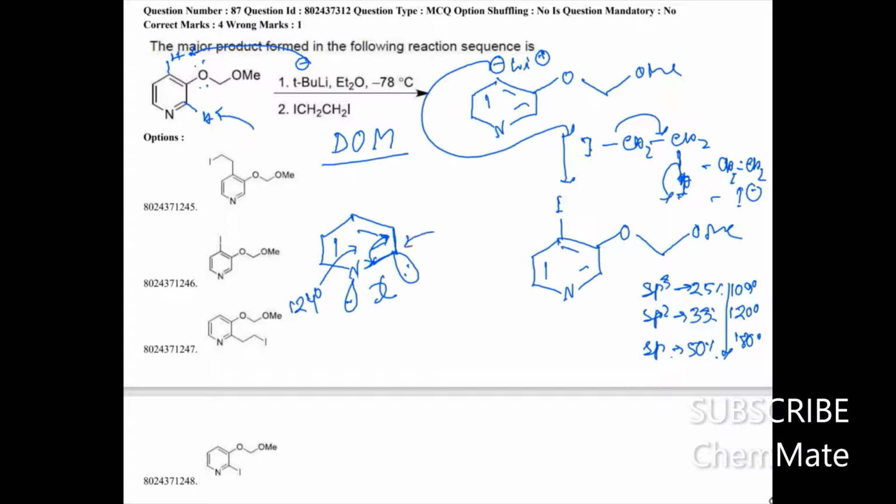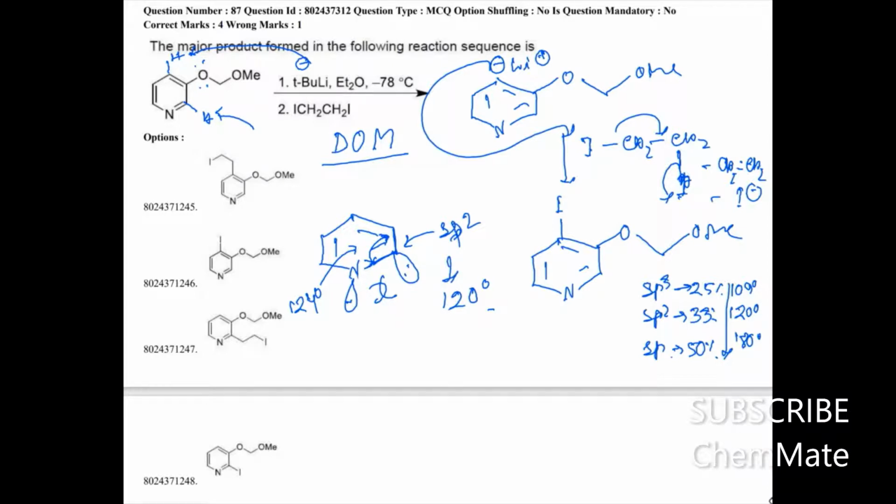It is sp2 hybridized, so it should be 120 degree, but it is actually 124. So as the bond angle increases, the S character increases. So this orbital will have greater S character, and that means this other orbital will have greater P character, so lesser S character.